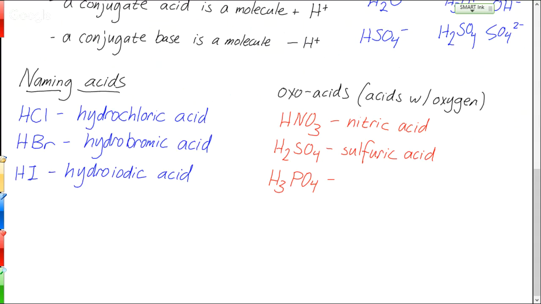You want to give that one a try? Yeah, phosphoric acid. All these are very widely used, but phosphoric acid and sulfuric acid are used predominantly in fertilizer production.